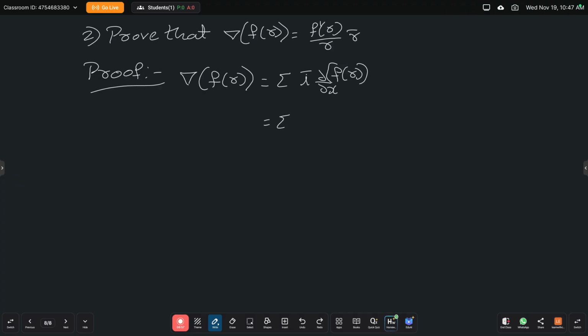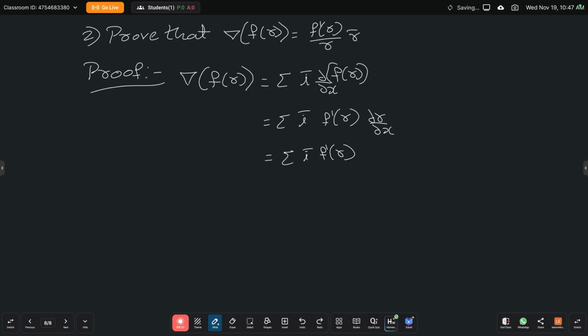So Σ i bar into, what is the differentiation of f of r partially with respect to x? It is f dash of r into dou r by dou x, since f of r is in terms of the variable r.